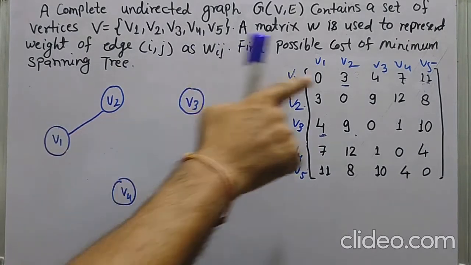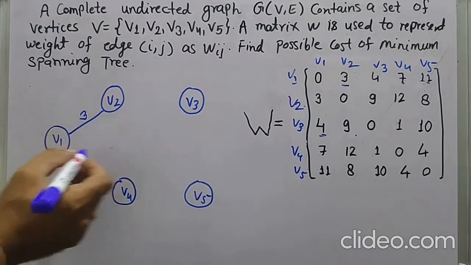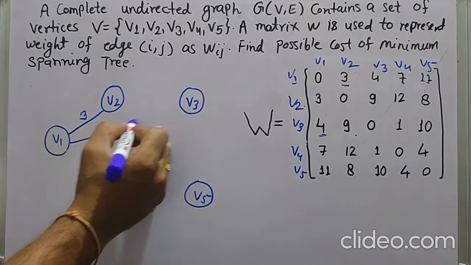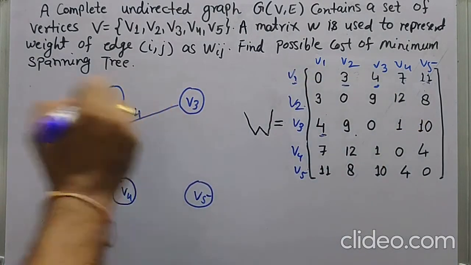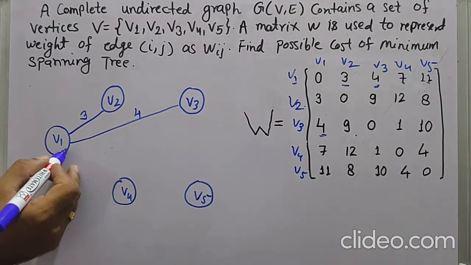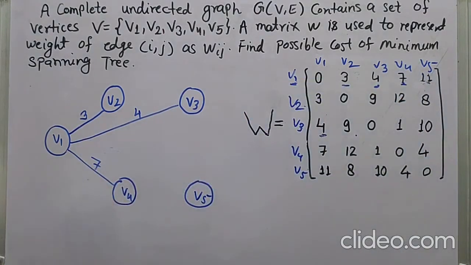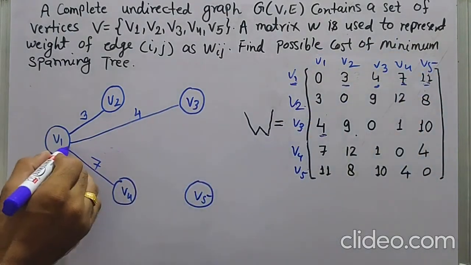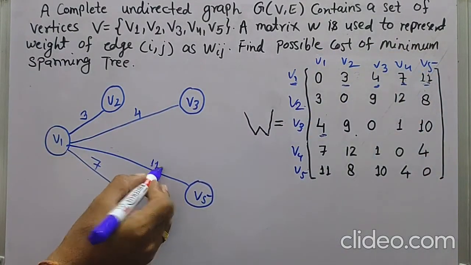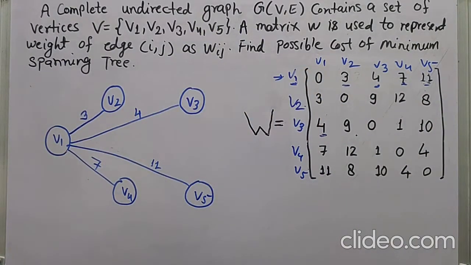So V1 to V2, the weight is 3. V1 to V3, weight is 4. V1 to V4, weight is 7. V1 to V5, weight is 11. So we have completed one row, where we considered V1 as the source and all other nodes as destinations.